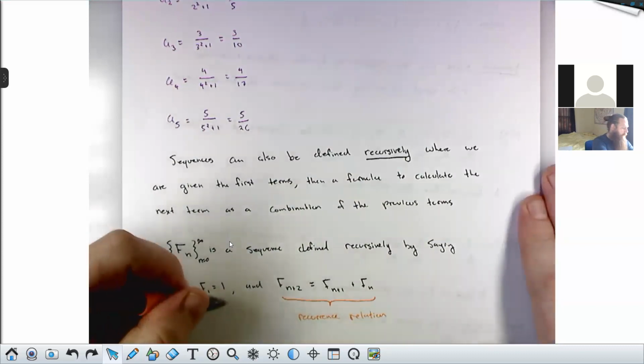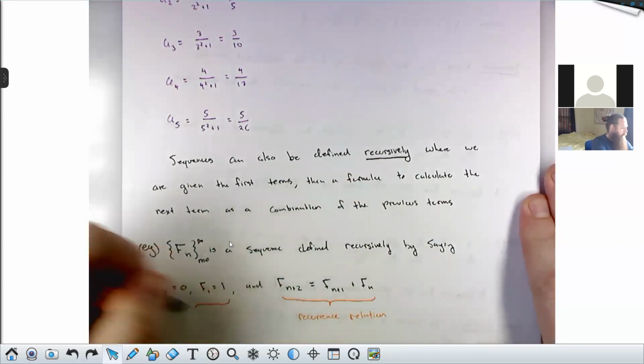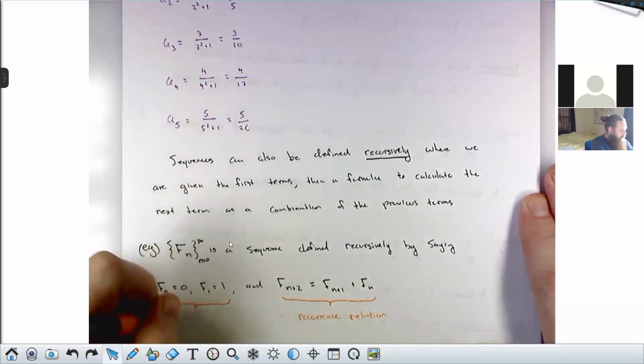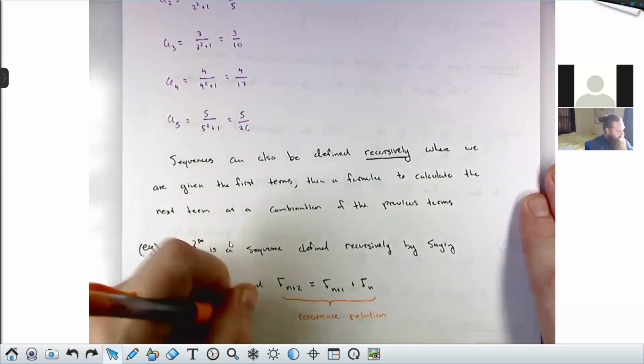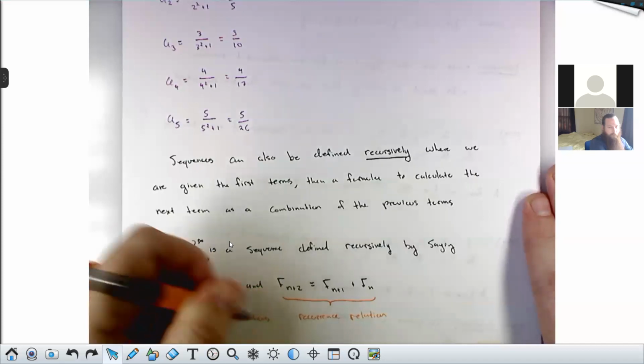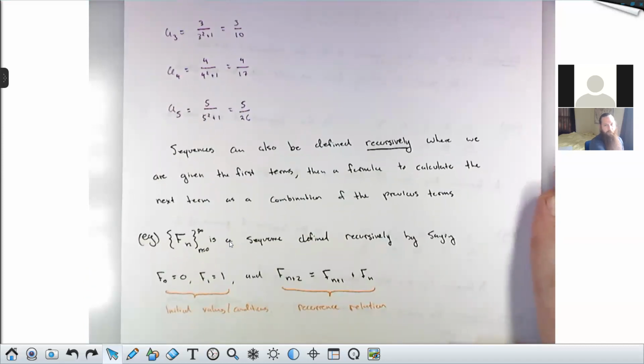And these are called initial conditions, or initial values. Turns out these sort of sequences, recursive sequences, are intimately connected to differential equations in a very cool way. But since you guys haven't studied differential equations yet, I don't get to talk about that today, which is sad. But we'll survive.